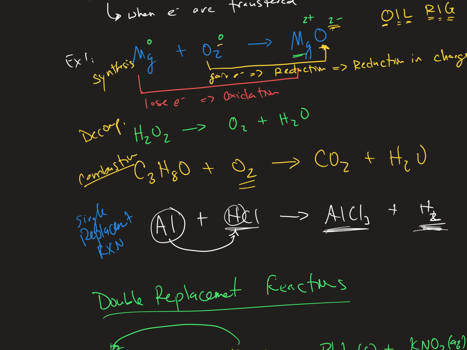Okay, on your worksheet that you picked up last time, let's pull that out. On section 2 of the bottom page, or the first page, it says classify each of the following as oxidation reduction, precipitation, or acid base.